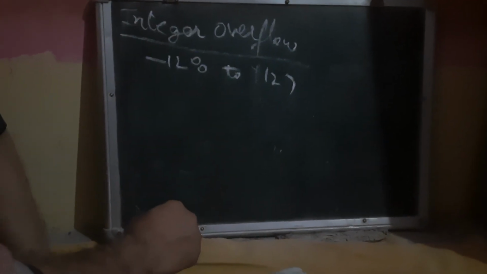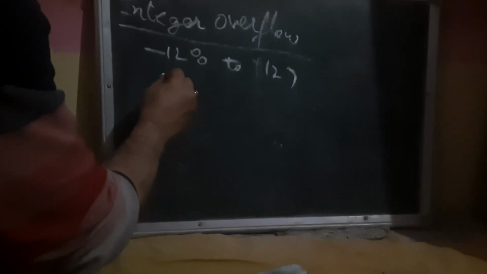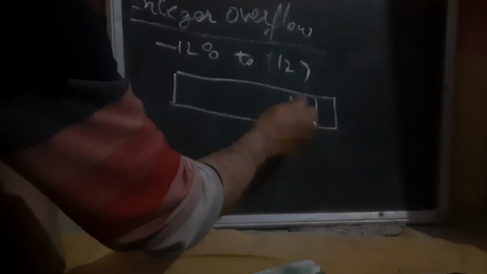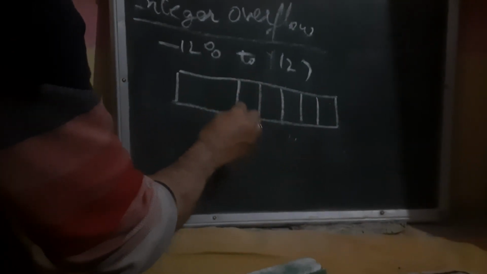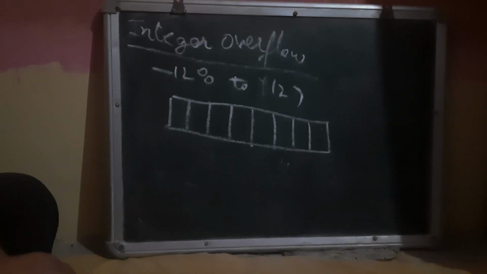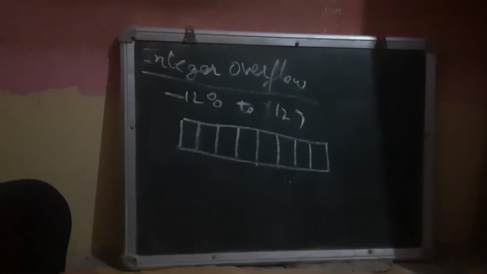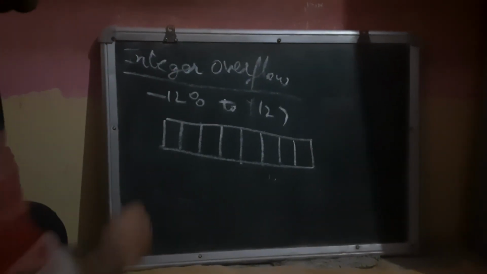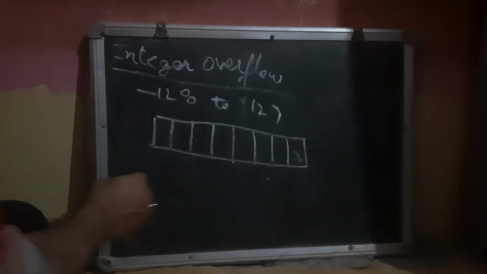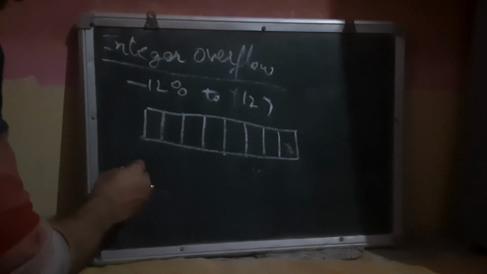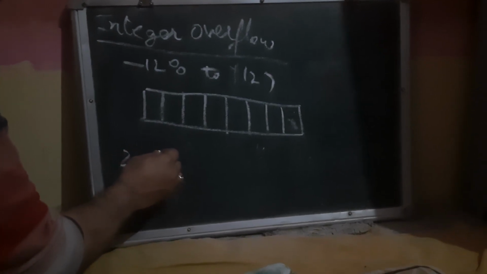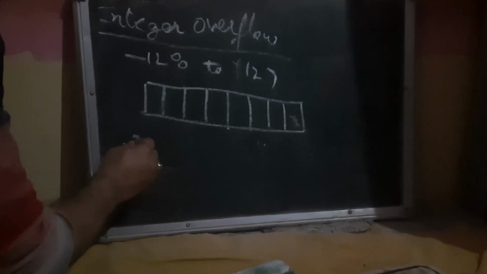Now if you understand from the bit settings, as I told you, a character takes 1 byte in memory. Let us understand this through byte settings. 1, 2, 3, 4, 5, 6, 7, 8. This is the bit string, meaning 1 byte of memory. Now when I assigned 128 to the character, what does it take? Let us try to write 128. 2 raised to the power 6 is 64, and 2 raised to the power 7 is 128.